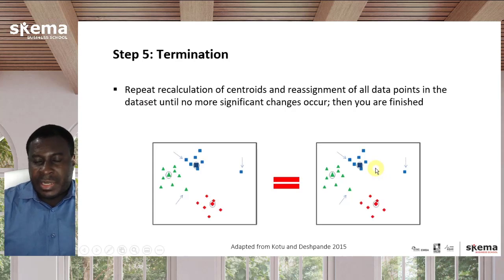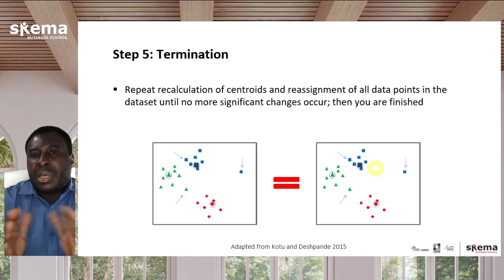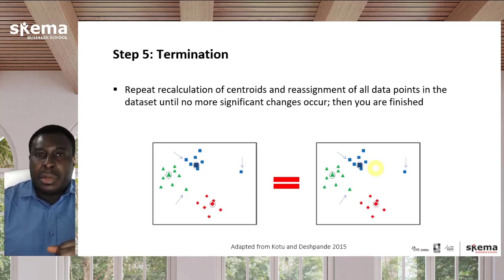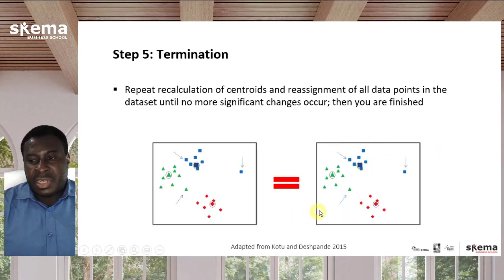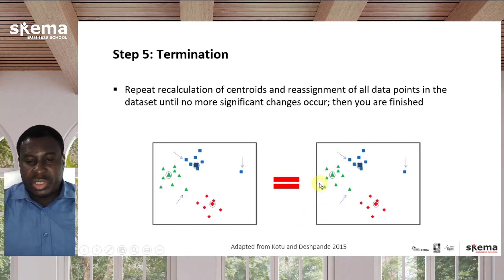Or if it's a very large data set, you might reach a point where they move, but not significantly, because it's taking such a long time. But in small data sets, when the centroids don't move any longer, so there's no new change in cluster membership, you're done. Now this is the solution that the algorithm has given us, with the clusters based on the closest centroids. And that's basically how k-means cluster analysis works.